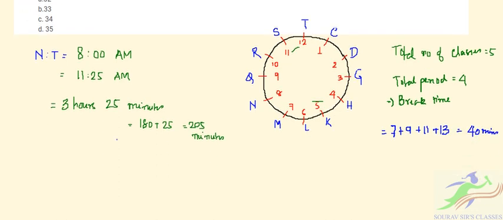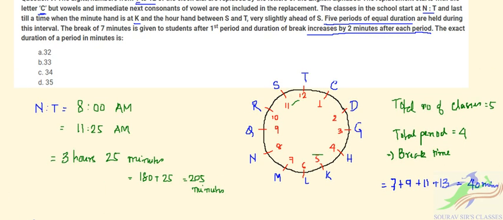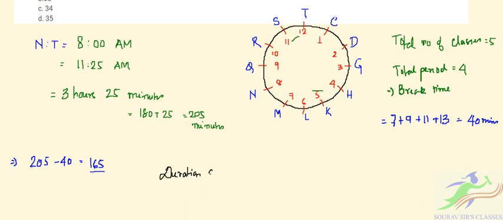So the actual class duration is 205 minus 40, which is 165 minutes. Now we have to find the exact duration of each period in minutes.